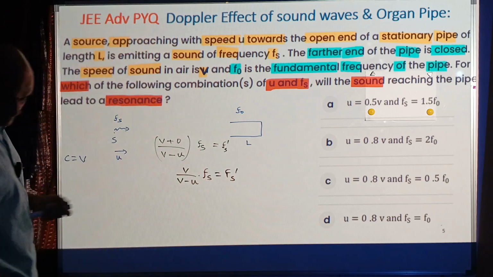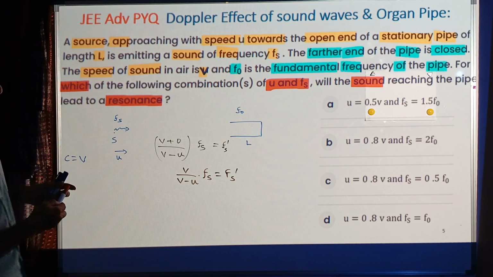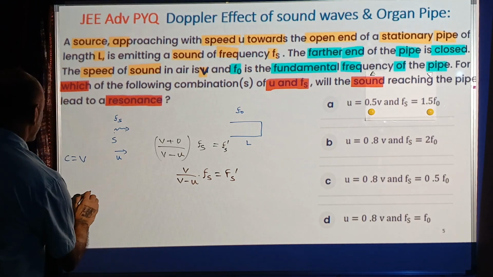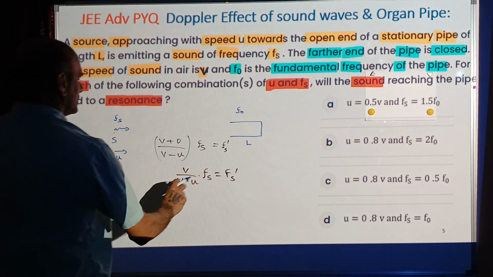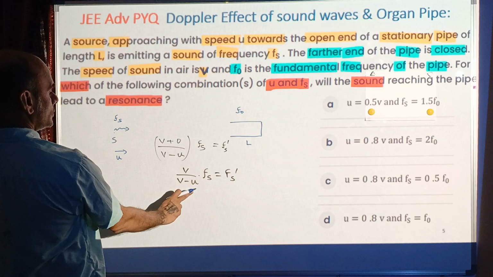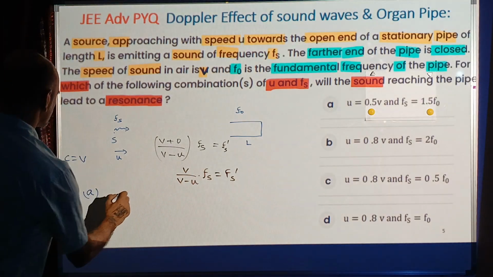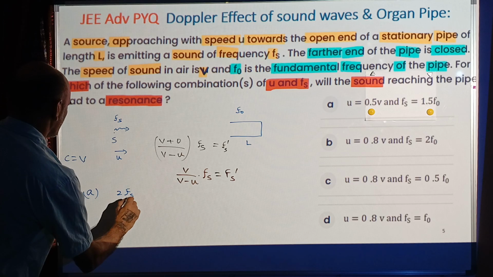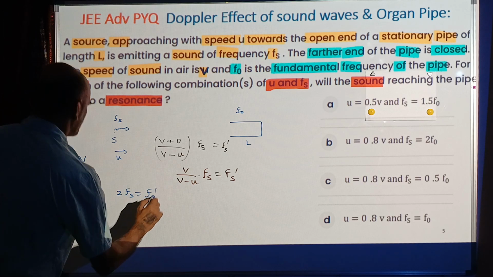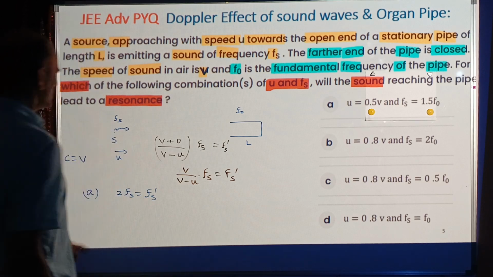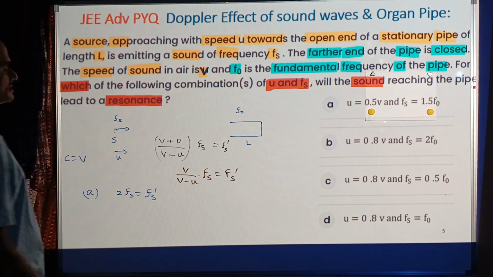So option A is 0.5 v. For option A, u is 0.5 v, so this will become 1 minus 0.5, it's 0.5. So it will become 2 fs equal to fs prime. So this is the sound frequency when it reaches the pipe.